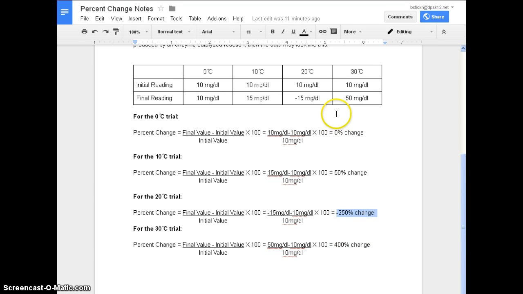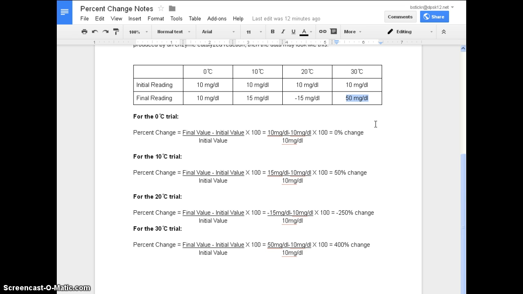For the 30 degree Celsius trial, you'll see that the final value is 50 and the initial value is 10. So when we take 50 minus 10, it gives us 40, and we divide by 10 and multiply by 100, we get 400% change. That's a really big value, 400% change. Let's see if it makes sense. So you started with 10 milligrams of glucose per deciliter in your solution, and when you heated the test tube to 30 degrees Celsius, you ended up getting 50.